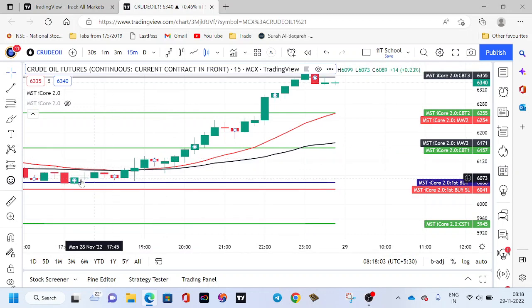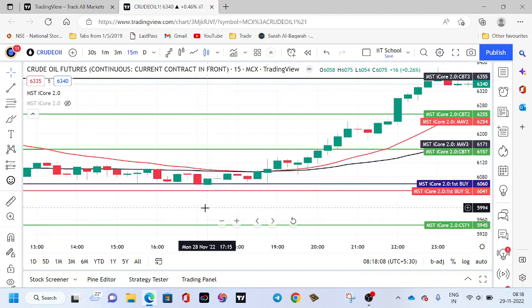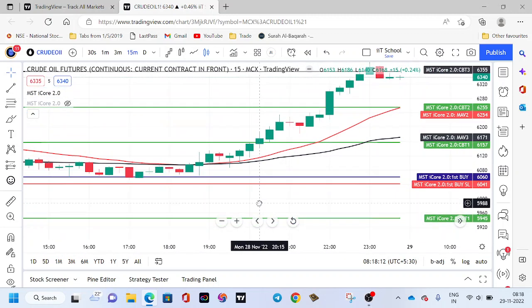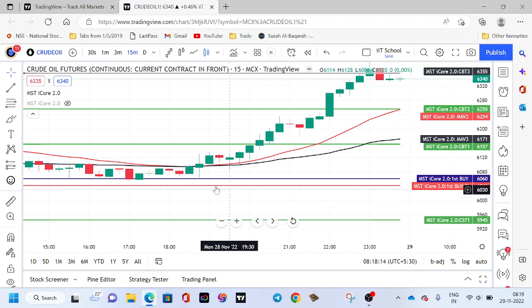See here, we got the buy entry at 6060, but at that time, based on the technique, the market was in a bearish trend. Only here at 645 is the market getting a trend towards bullish.